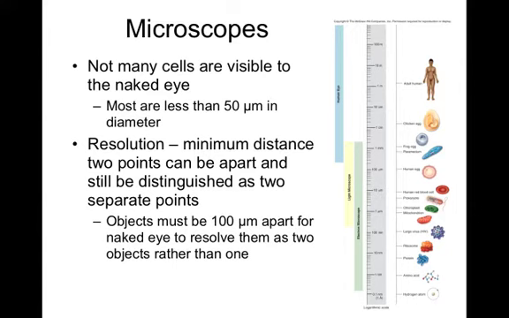Only when the objects are further apart than 100 micrometers can the light from each strike different cells, allowing our eyes to recognize these as two separate objects rather than one. By using a microscope, we can magnify the object, and thus our eye can see the two objects as much farther apart and resolve them.